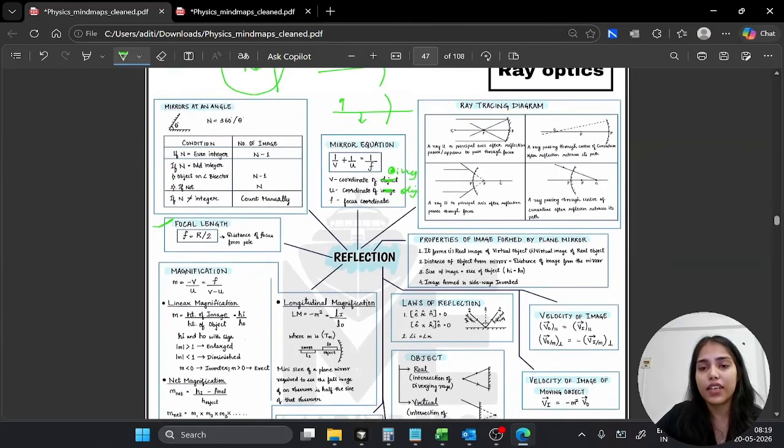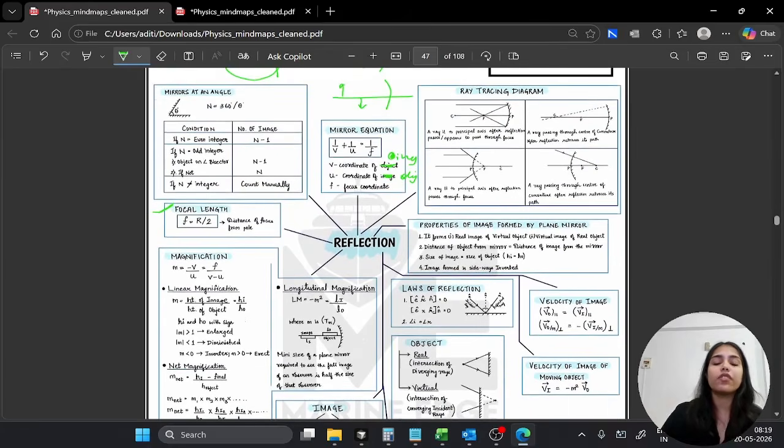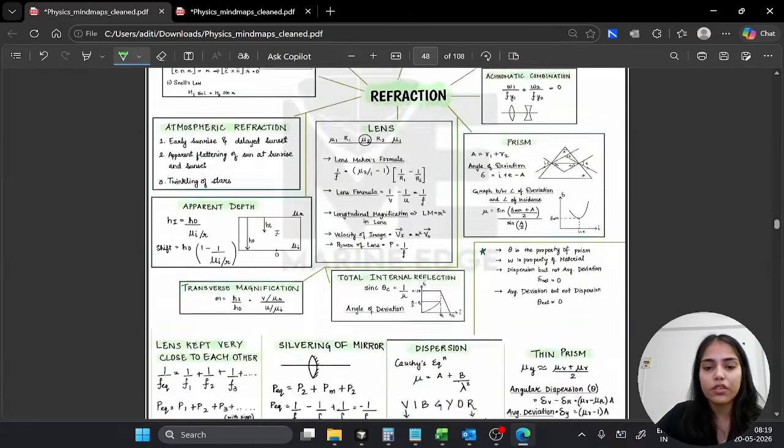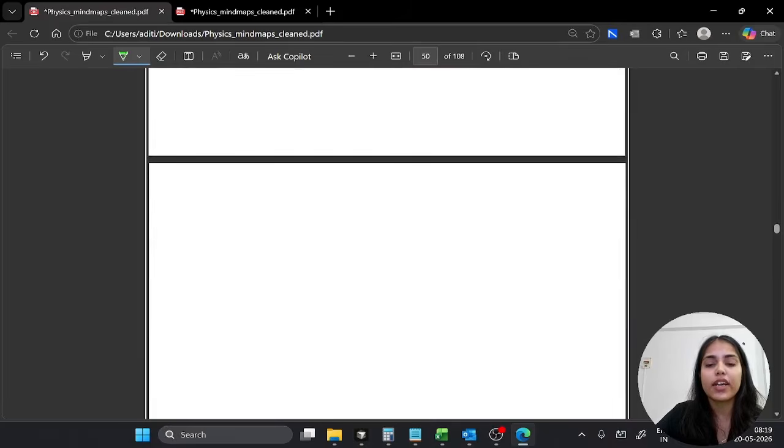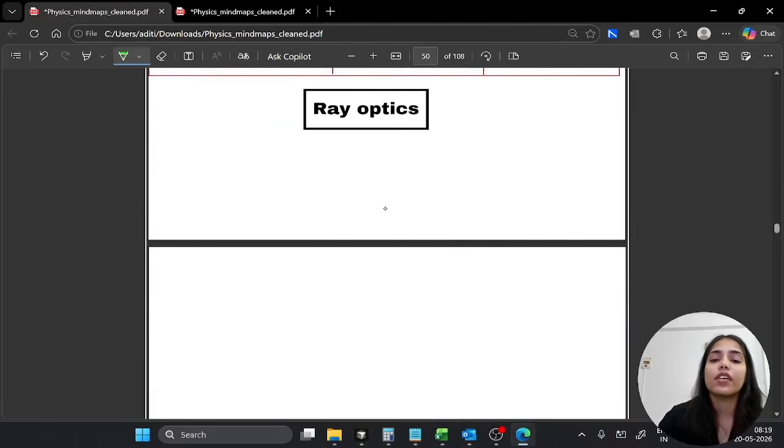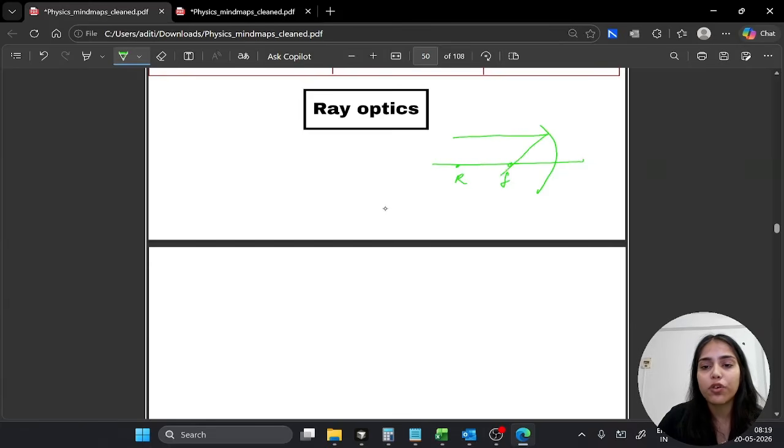Next we have the ray tracing diagram. Instead of going into all of the scenarios, one of the base concepts you can understand about ray optics is this. Let's say you have a mirror; this is your focal length and this is your radius of curvature. If a ray starts parallel, it always passes through the focus.